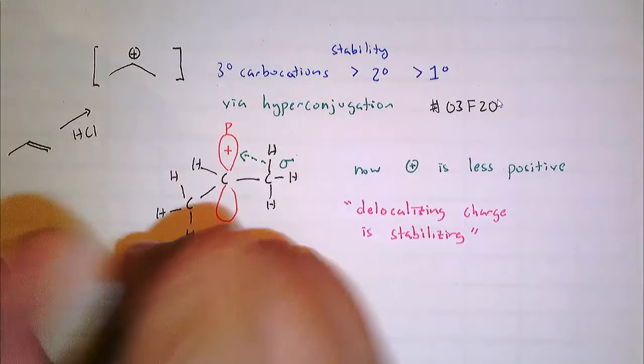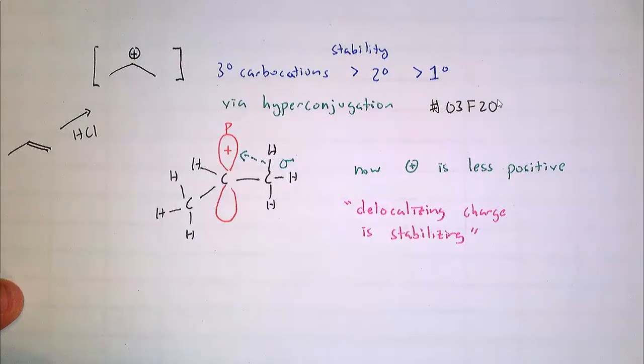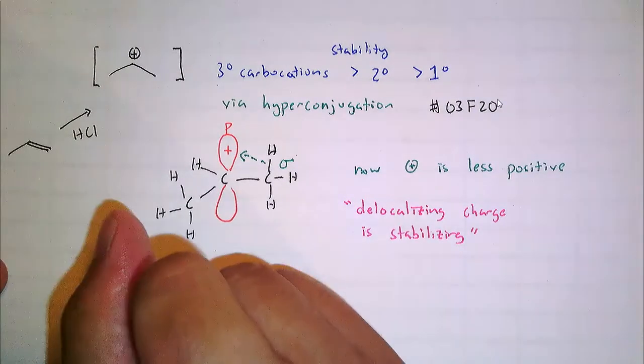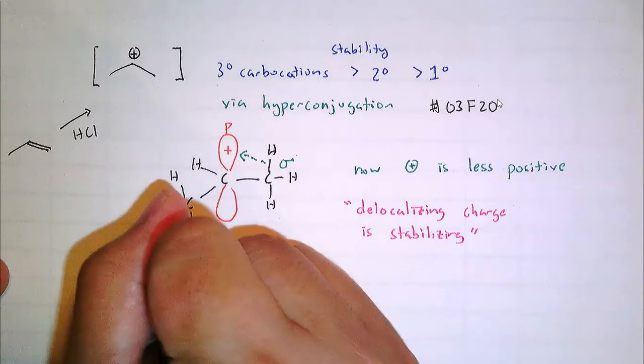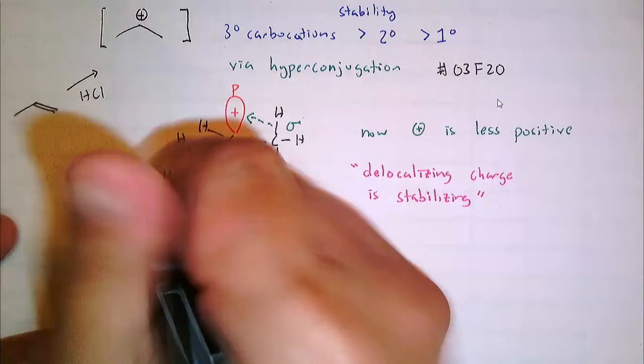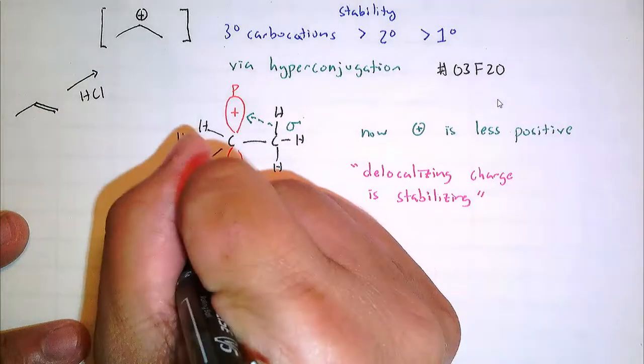So for instance, we might have talked about this. Let's take a nitrate ion. Okay, go back to general chemistry, and we'll come back to stabilization in just a bit. But nitrate looks like this.